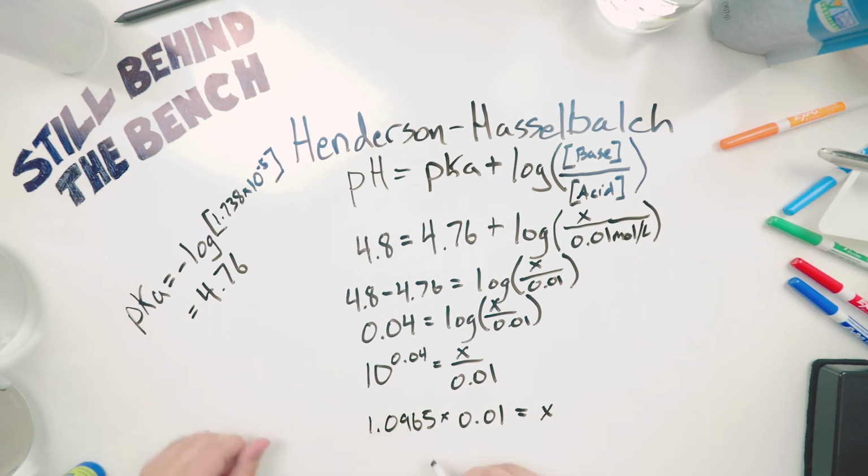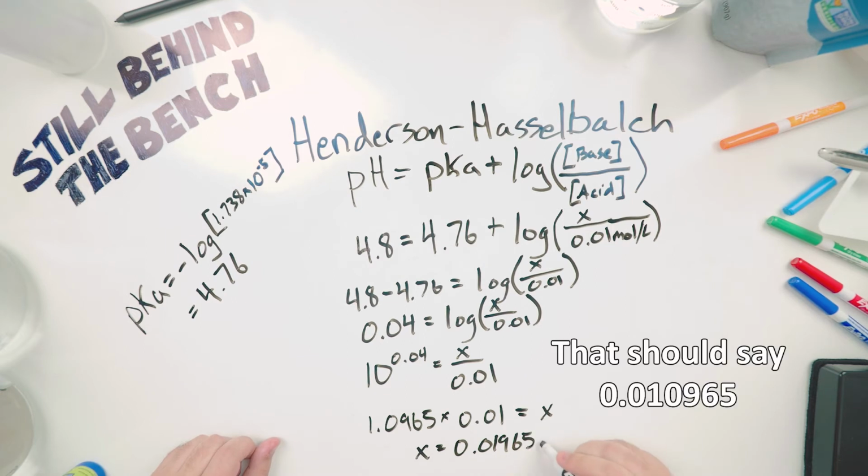So we get x equals 0.01965 moles per liter.